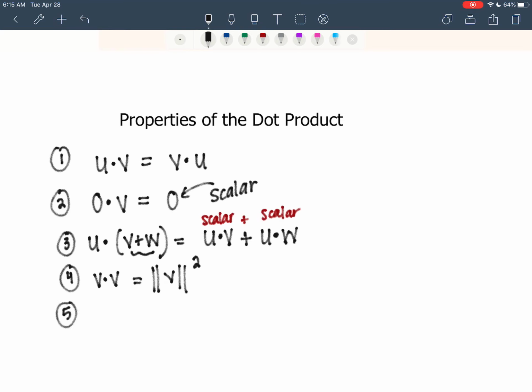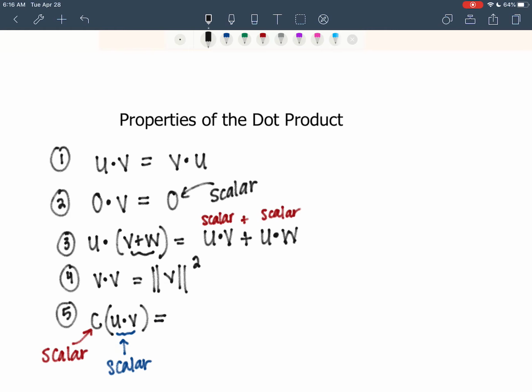And my fifth property: if I take some scalar that we'll call c, and I multiply it to u dot v, which is also a scalar, we're going to result in a scalar.